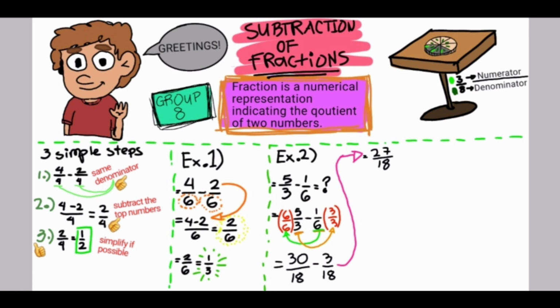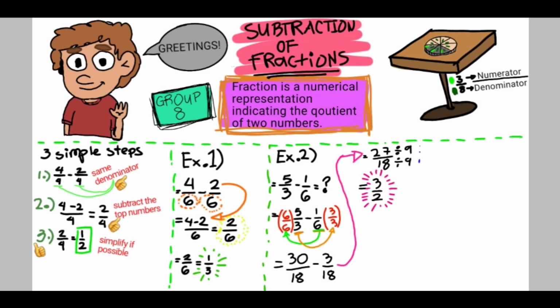We have to search for the biggest number that can possibly divide both numbers. In our case, 27 and 18 can both be divided by 9. So 27 divided by 9 is 3, and 18 divided by 9 is 2. Now we have our answer, 3/2.